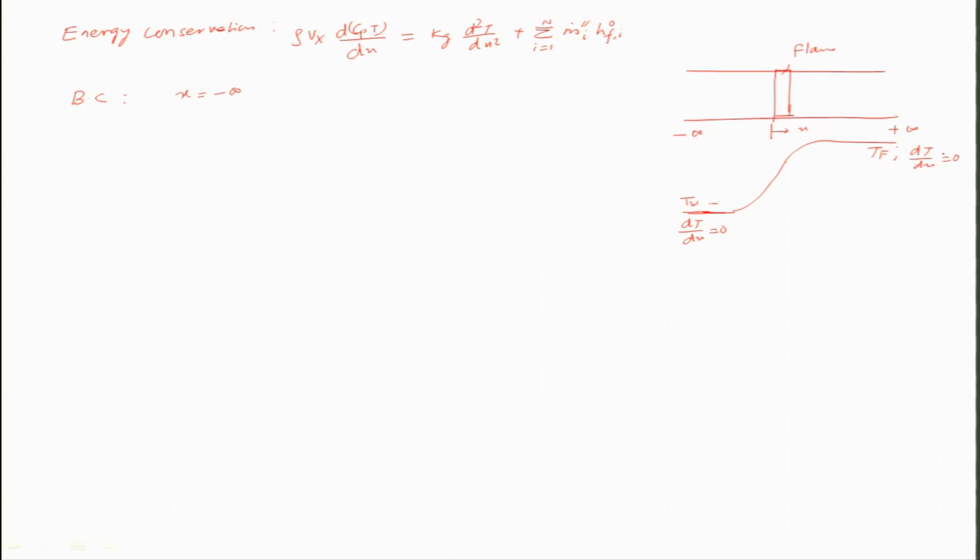So at x equal to minus infinity, T is equal to Tu and dT by dx is equal to 0, and at x equal to plus infinity, T is equal to Tf and dT by dx is equal to 0.